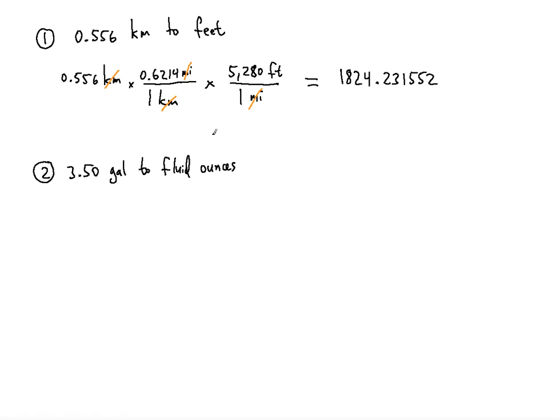The calculator gives me 1824.231552. We know that we had 3 significant figures, because when it comes to multiplying, you have to find the fewest number of significant figures. That's going to be in this number, because everything else has 4.